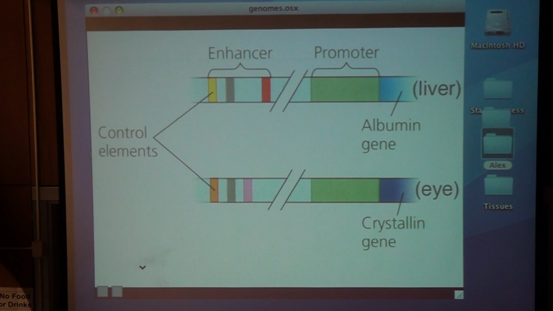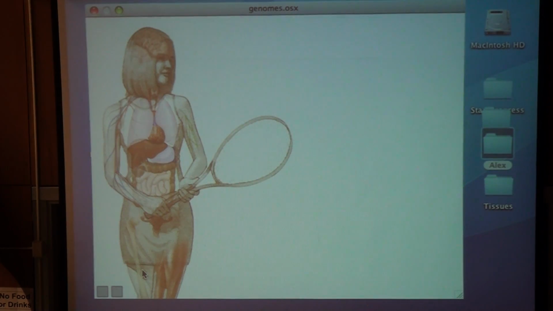Now, again, bear in mind that all cells have all your genes, and so the liver cell has the gene for albumin and crystalline, and the eye cell has the gene for albumin and crystalline, but the eye cells express this gene and not the albumin gene, and the liver cells express the albumin gene and not the eyeball crystalline gene. And it comes down to the activator proteins that the two cell types have.